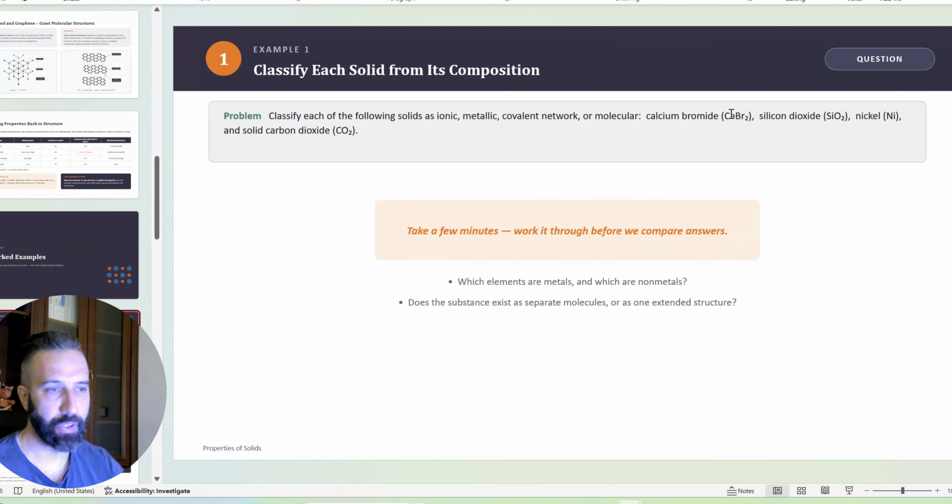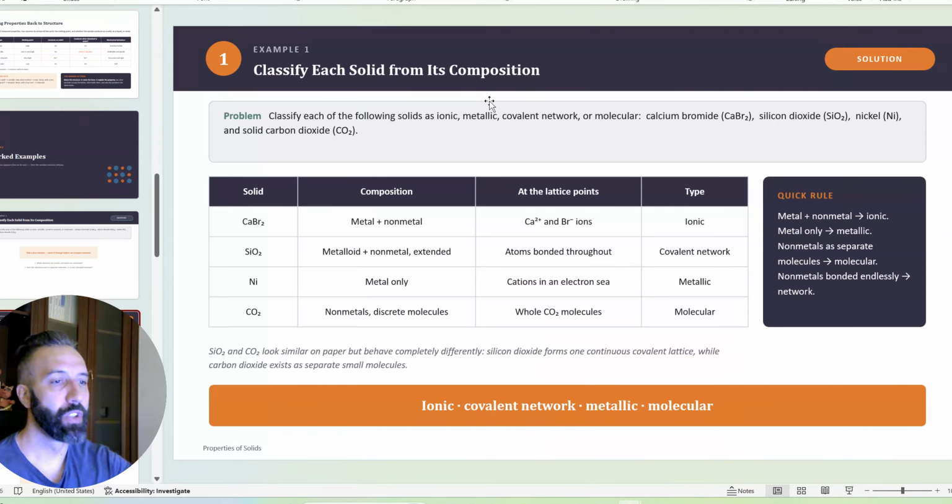So this is ionic. SiO2, I told you that's another example of a giant covalent network. So that's what this is. Nickel, again, I told you that if you've got only one element and it's a transition metal, that's basically a metallic bond. And CO2 would just be a normal molecular covalent.